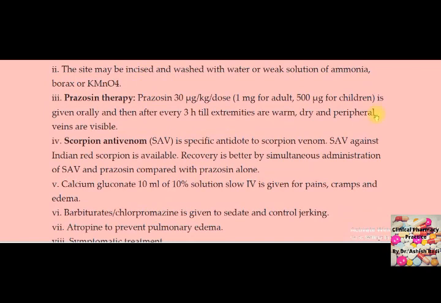Then a weak solution of ammonia, borax, or potassium permanganate can be used for washing that area. Okay, the site is incised and washed with a weak solution of ammonia, borax, or potassium permanganate.